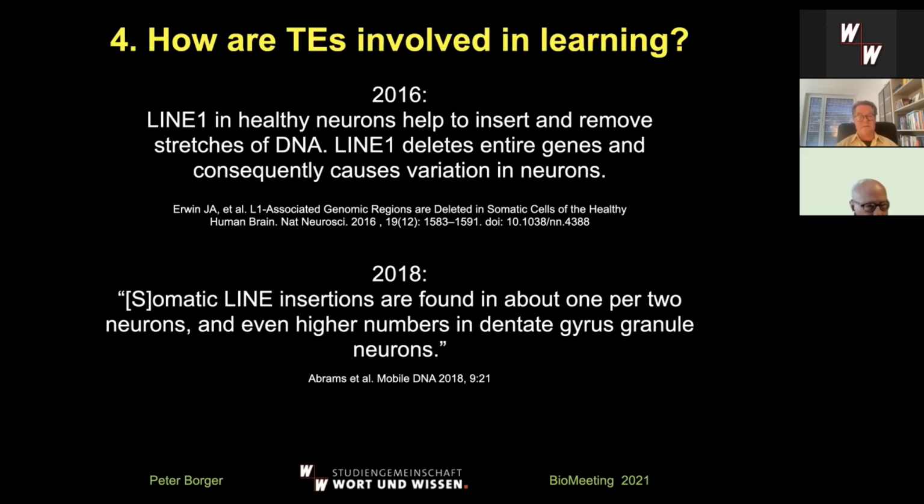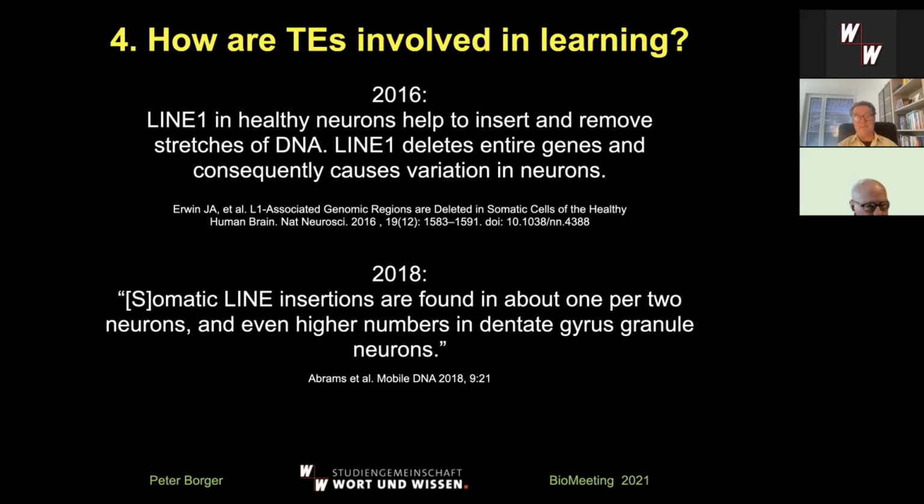LINE-1, for instance, deletes entire genes, and the consequence is that they cause variation in the neurons. This is also what they started to deduce from these experiments, that these transposable elements are actively involved in recreating or rearranging the genes and the genetics of the neurons.